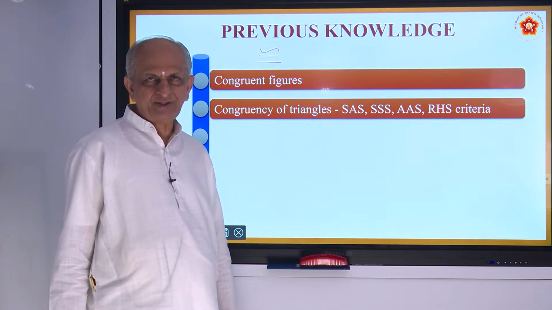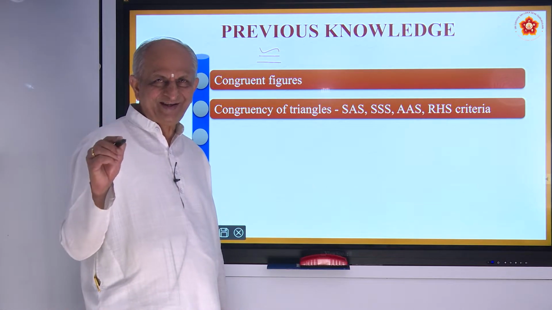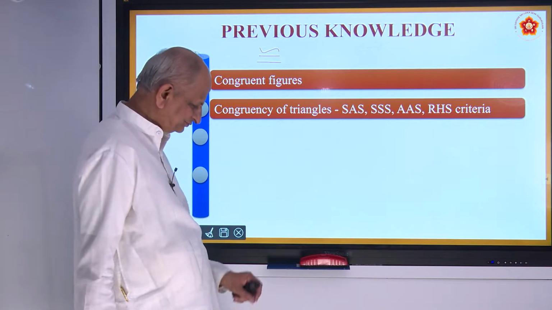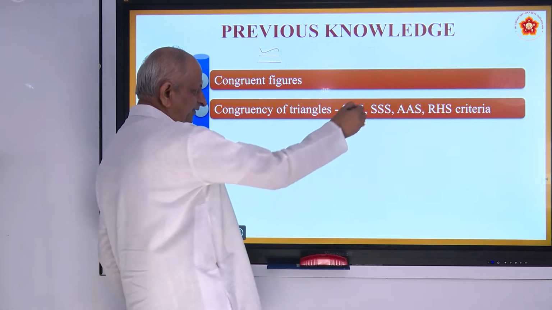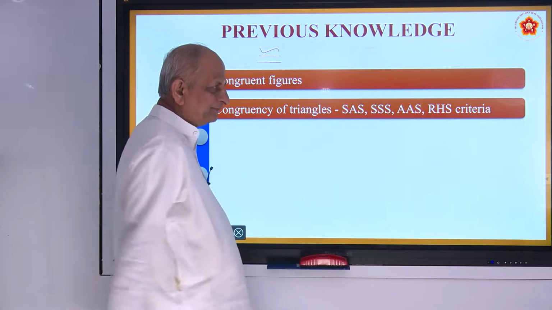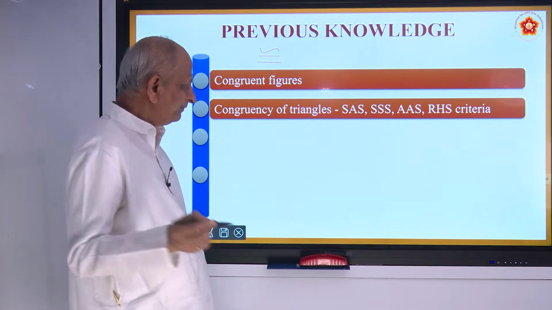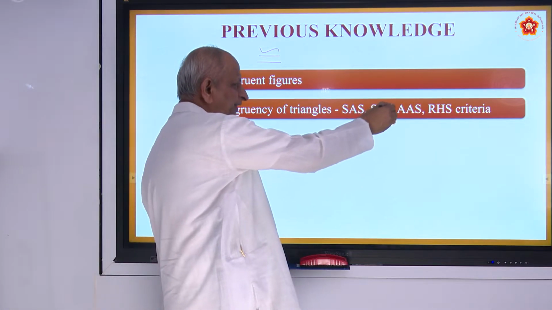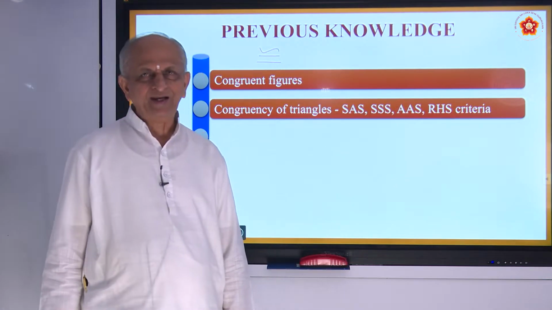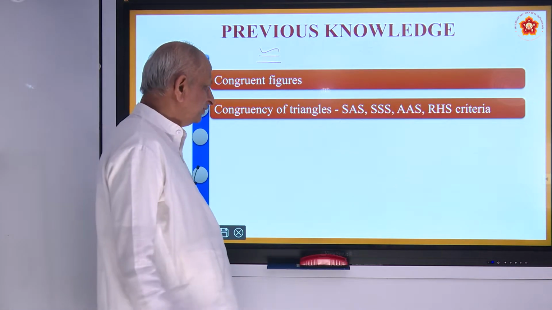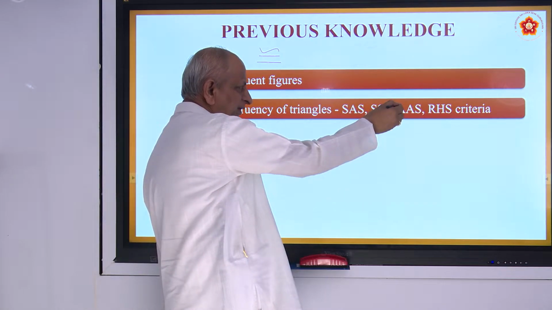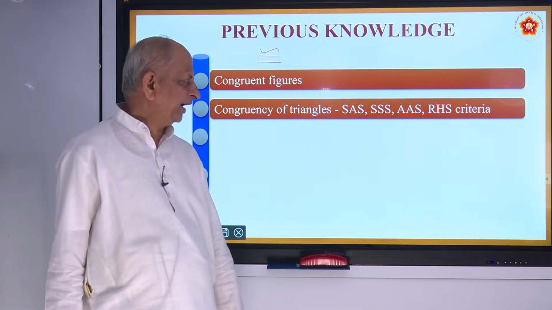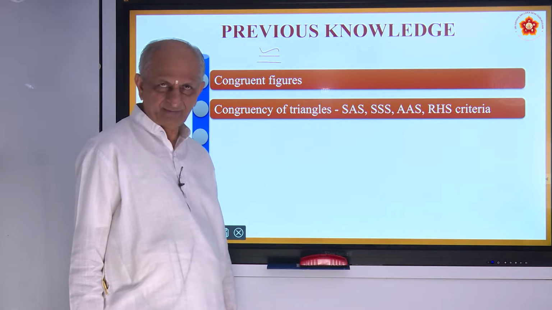What is the expansion of SAS? Side, angle, side. The second one is SSS: side, side, side. The third one is AAS: angle, angle, side. And the last one is right angle, hypotenuse, side.